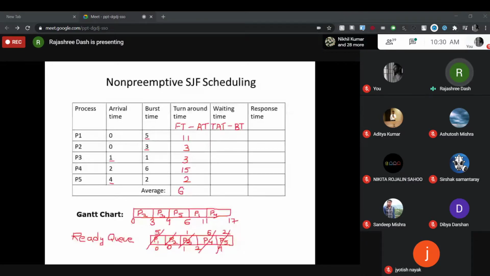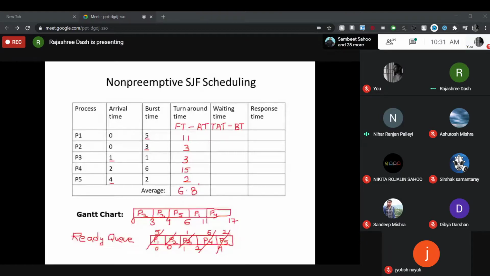The same problem we have also solved using first come first serve scheduling. Can you check and tell me what was the turnaround time we found for the same problem using first come first serve scheduling?